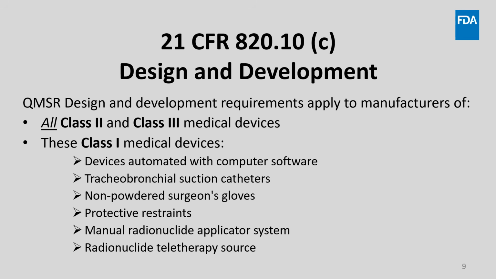They apply to all Class 2 and Class 3 medical devices and to a small number of Class 1 medical devices listed below. These are medical devices automated with computer software, tracheobronchial suction catheters, non-powdered surgeon gloves, protective restraints, manual radionuclide applicator systems, and sources for radionuclide teletherapy.